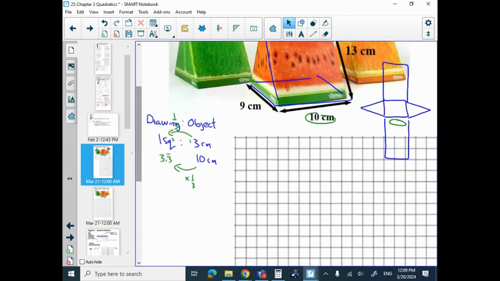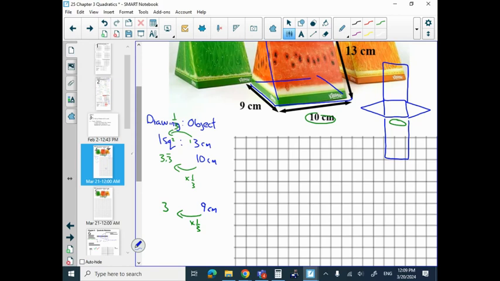And let's do the 9 as well. You could even just do this where you write, say, for the next one, 9 centimeters, and do the same thing, obviously, multiply by 1/3. It's easier in this case because 9 divided by 3 is just 3. So we have 3 squares, right? So that is the other dimension.